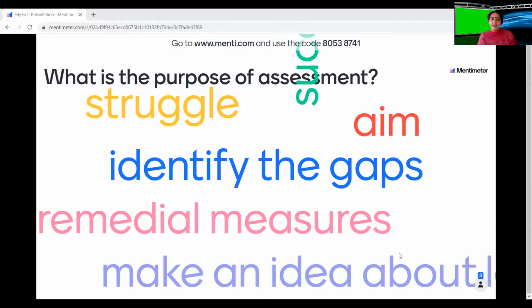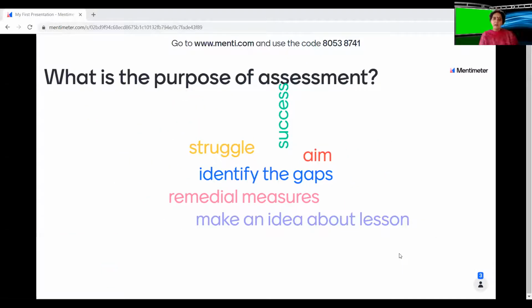I'm sharing my screen so that you can see what's come up. You can see the purpose of assessment coming up.